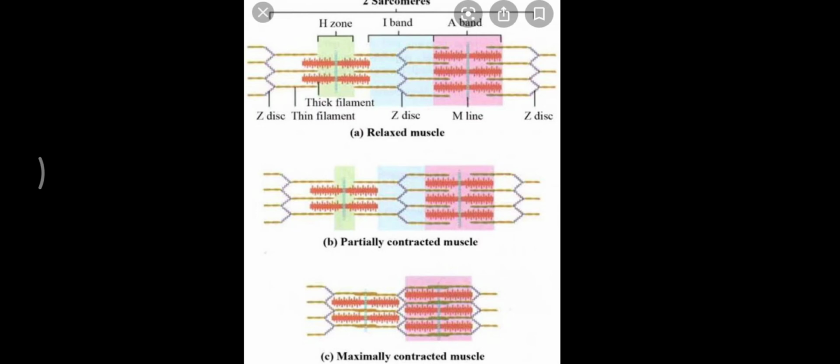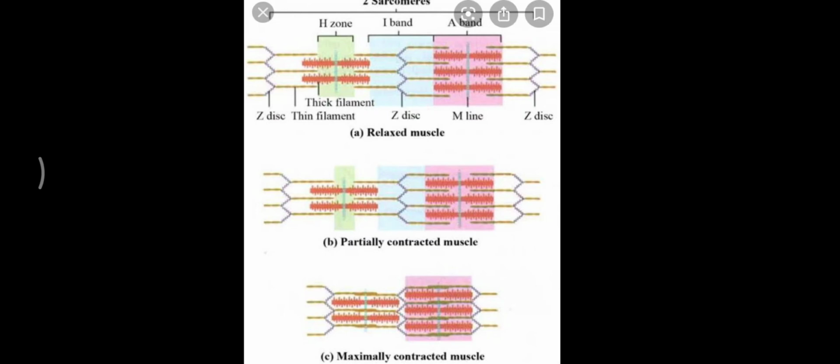That clearly shows you how the muscles contract. Whenever the muscle contracts, the I band is reduced, the Z lines come closer, and as a result there is a decrease in the length of the sarcomere, which leads to the contraction.